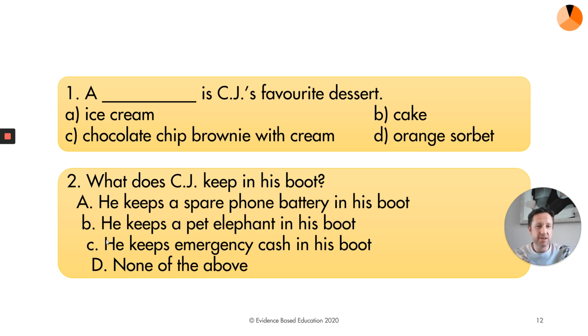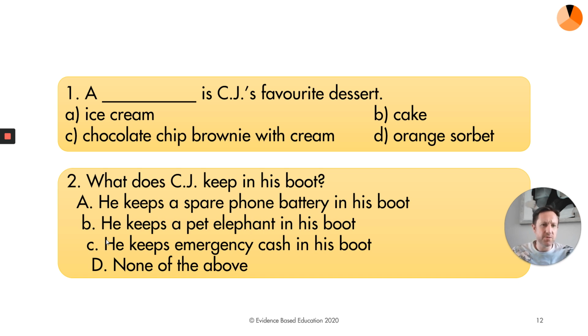But there's also another interesting factor to consider about this question, and that's that CJ is from the United States. And a boot, as I understand it here in the UK, is a part of my car in which I could keep these things. But is CJ referring to some footwear?